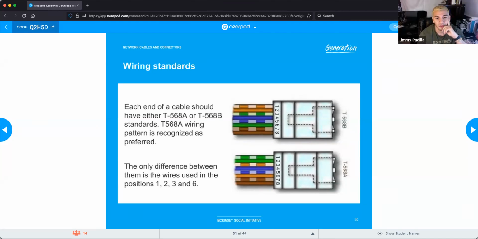Am I confused? Is the T568A wiring pattern recognized as preferred? Yeah, but everywhere I've ever been and what I've always been told was B was the most used. Okay. So for A, it may just be that the people doing the wiring, that is the one they prefer. Okay.